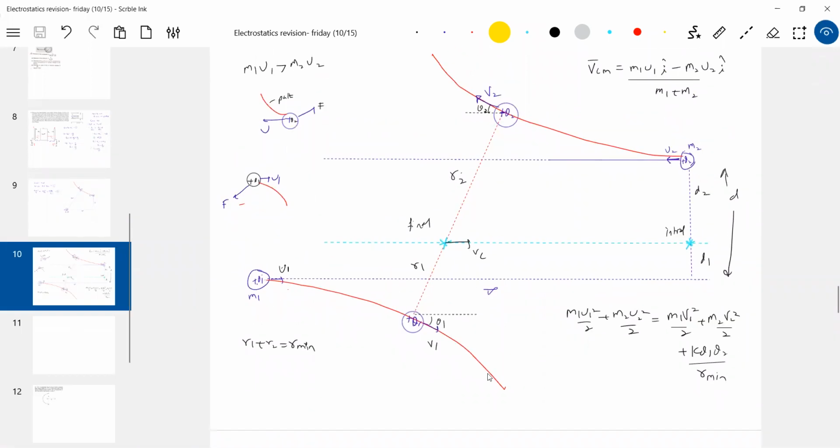I think I didn't draw the diagram properly. v1 sin theta 1 should be equal to v2 sin theta 2. Let me see, the trajectory will be like this only, no?